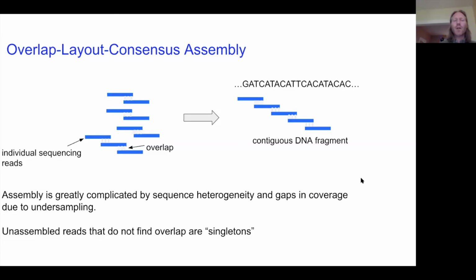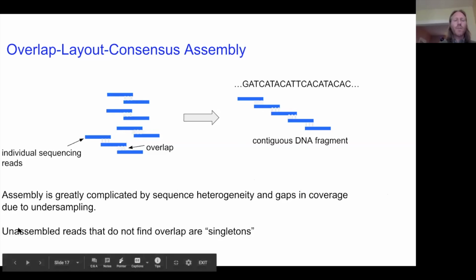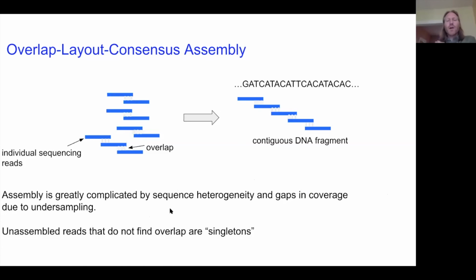It also makes it hard when there's undersampling, because gaps in coverage can really affect the final length of your contigs. The other thing is that unassembled reads that do not find overlap can show up as singletons, and that can lead to the loss of some of the information that's present in your raw reads.